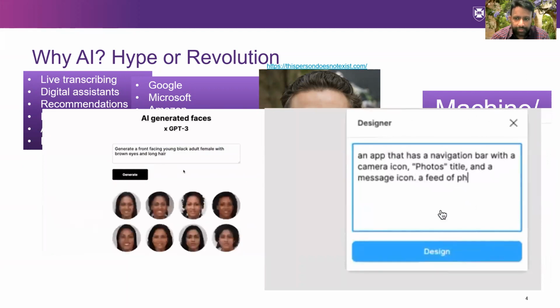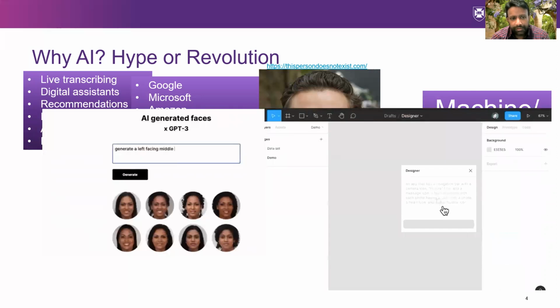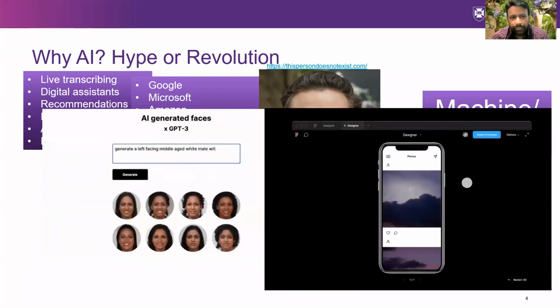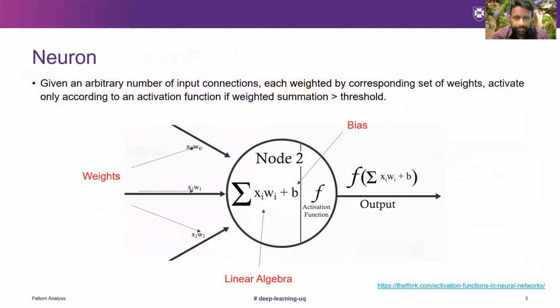And these are all based on this latest technology called GPT-3. I'm not going to talk about it in detail, but we will see what it's called and what sort of technology it really is. So most of these technologies are actually based around neural networks.